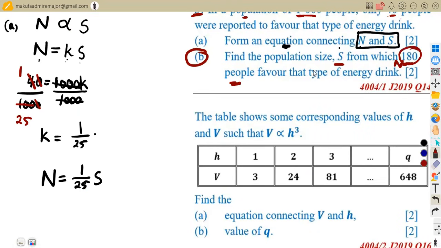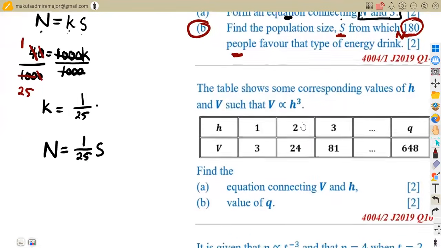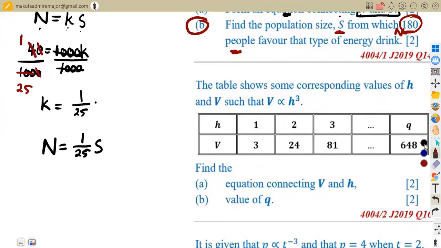Find S. So we are simply substituting from the general formula that we have, or from this equation connecting the two variables that we have. Remember, we are supposed to find S given N. So N, we are given 180 is equal to 1 over 25 S in this case, and we are supposed to calculate this S. So what can we do to remove the 1 over 25?